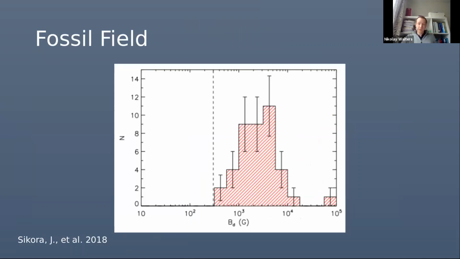Returning to field formation mechanisms, there are two major theories, starting with the fossil field idea. A single main sequence magnetic progenitor basically evolves into a magnetic white dwarf. Such a progenitor could be an A or B peculiar star and can have field strengths ranging from about a kilogauss to a tenth of a megagauss, as shown in this histogram of volume limited A and B peculiar stars.